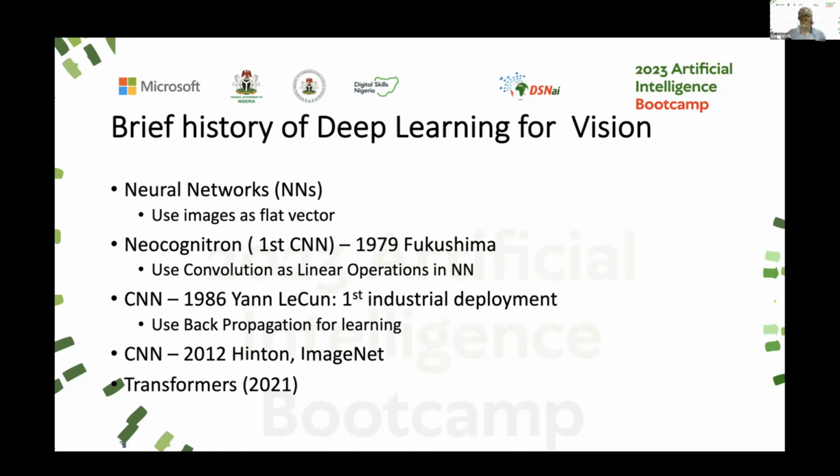Then in 1986, Yann LeCun came up with what I would say is the deep learning that we have now. Basically, it's the same structure that we have now. He came up with the first industrial application, because the system was able to recognize handwritten digits, and it was used in the US to read checks automatically on ATMs.